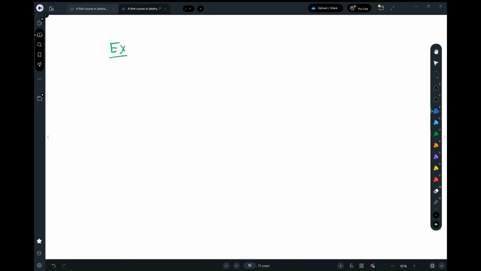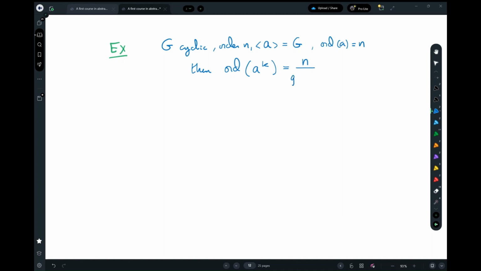We just proved that, remember, G is cyclic of order N, A is a generator, so A itself is of order N. Then the order of a power of A as an element of that group has to be, the smallest power of A to the K that will give me the identity has to be N divided by the GCD of N and K. So the order of A divided by the GCD of the order of A and K. So let me show you how to use this.